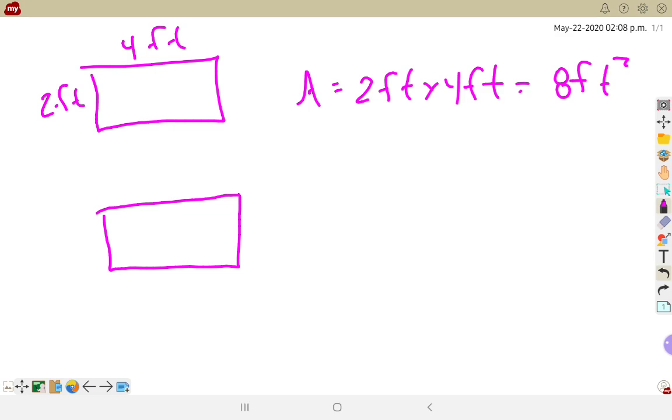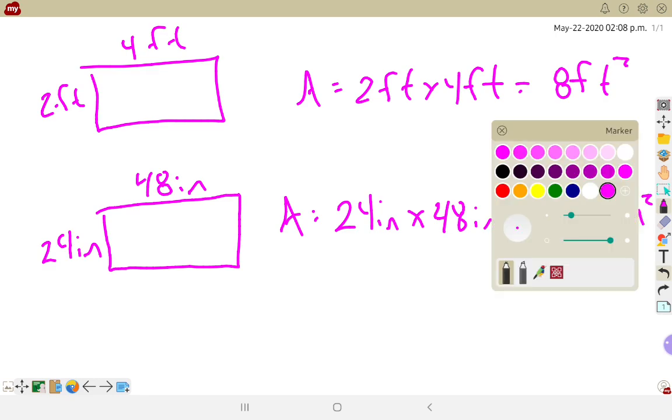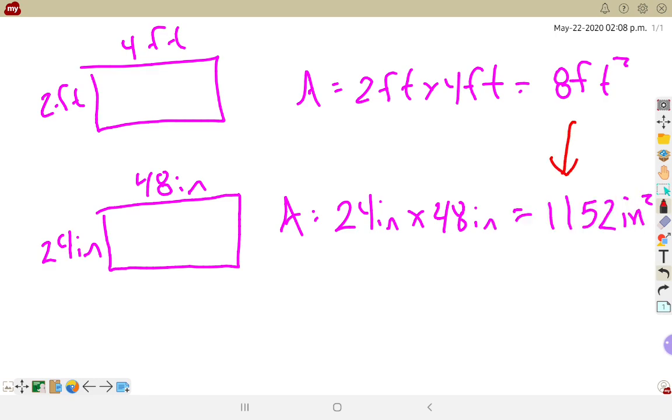And that's because 2 feet in inches is 24 inches, and 4 feet in inches is 48 inches. And when I take 24 inches and I times by 48 inches, that gives me 1,152 inches squared. And you'll find that if you were to take your 8 and you multiply by that 144 we had from the last one, you'll get the same thing.